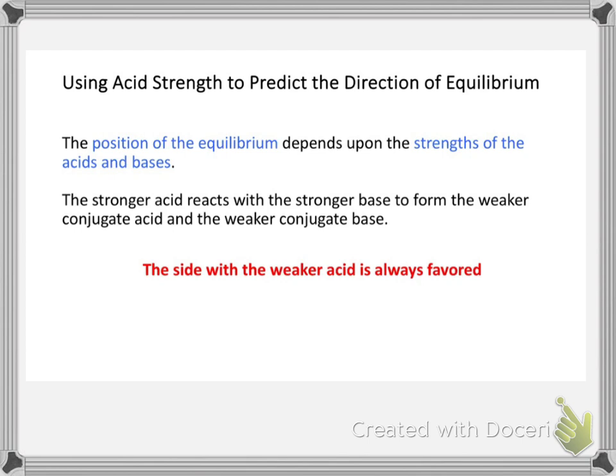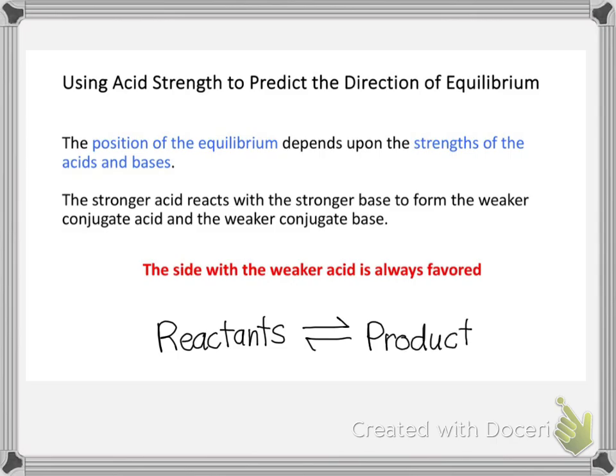So just to remind ourselves, when we're talking about equilibrium, there's two sides, right? There's the reactant side and the product side. So this is considered the left, and this is the right.